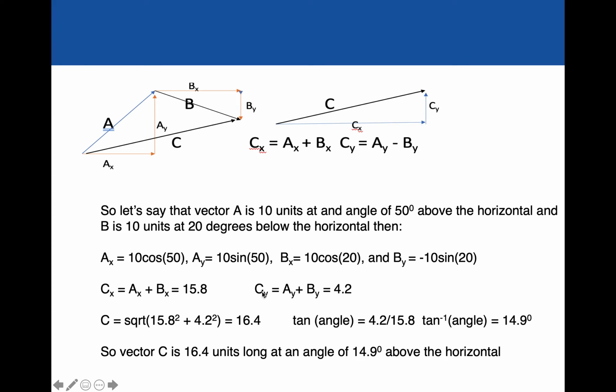And cy is going to be ay, actually it should be minus by, just to say minus by, because it's in the opposite direction, and you will get 4.2.